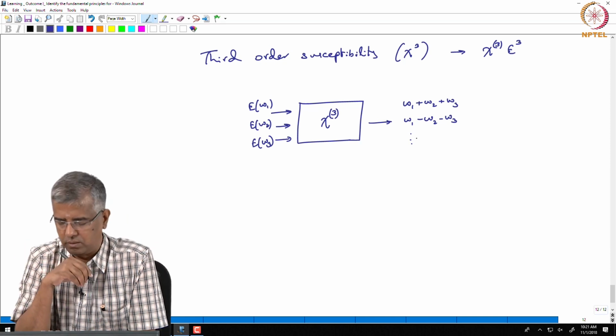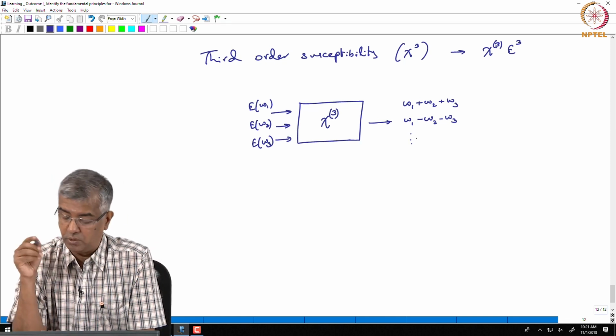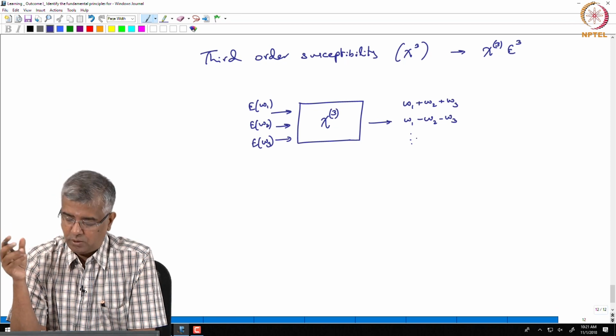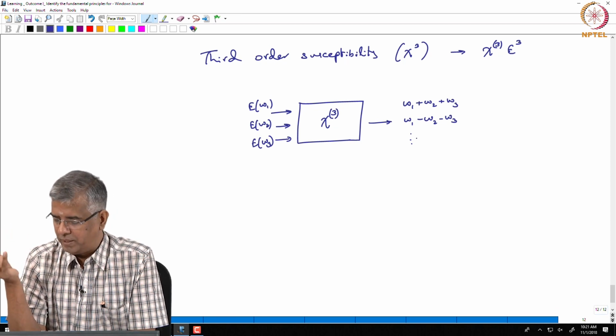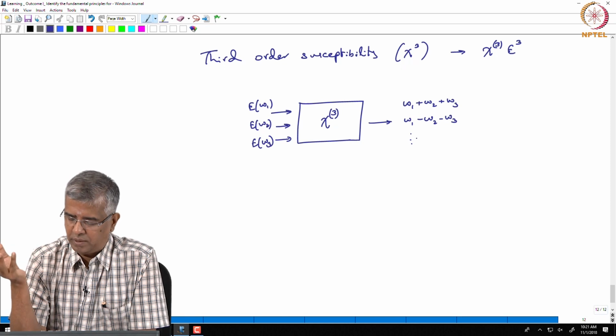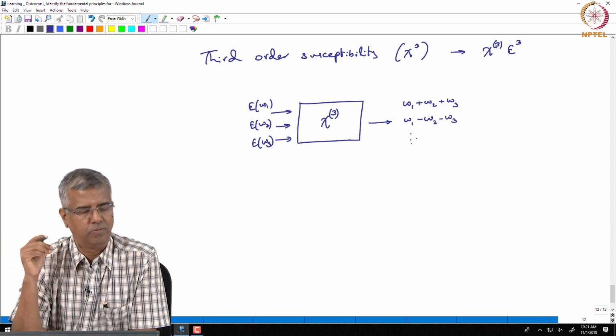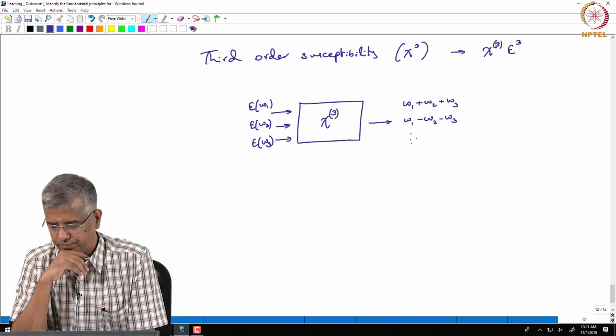You can get all possible combinations. You could get things like 2 omega 1 minus omega 2, 2 omega 1 minus omega 3, all sorts of things are possible, right.